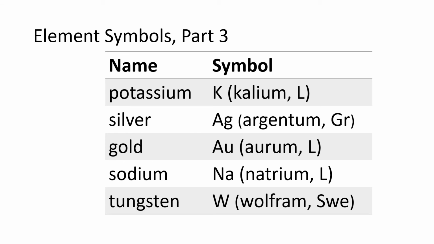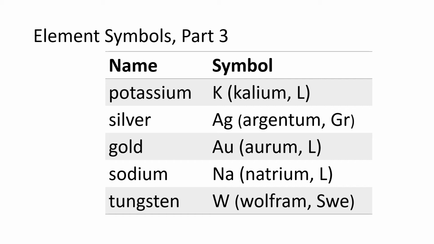Aha! That is because the symbols are being pulled from the names of the elements in a different language, such as Latin, Greek, or even Swedish. In Latin, potassium is kalium. In Greek, silver is argentum. And so that is where these symbols are coming from.